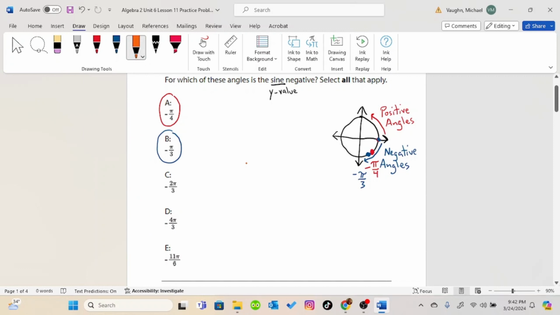Now we can look at C. C is negative 2/3 pi. So we are rotating clockwise, and we are going to rotate 2/3 of the way to pi. So we would be down here in quadrant 3. This would be negative 2/3 pi, and C is also correct.